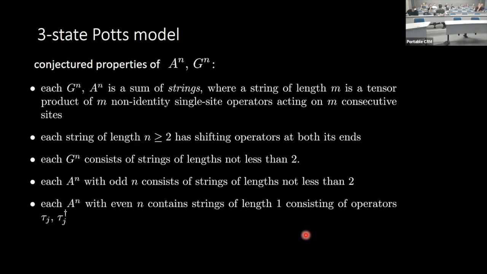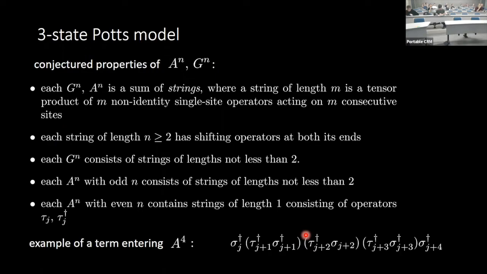Here are some conjectured properties of AN and GN. Probably I don't have time to discuss them in detail. I will just show you a single term entering A4. It looks like this, and you may check that all these properties are indeed satisfied.